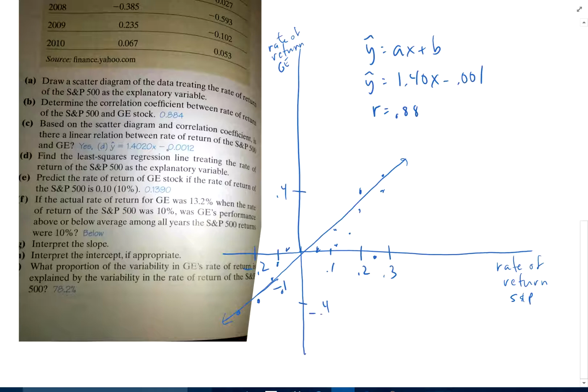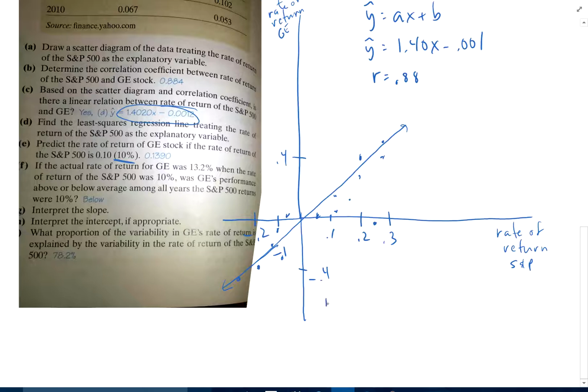So I've got yes, linear, and there's my equation. Predict the rate of return if S&P is 10%. So if S&P is 10%, which is 0.10, then I would predict the return for GE to be 1.40 times 0.10, because everything's in decimals, minus 0.001.